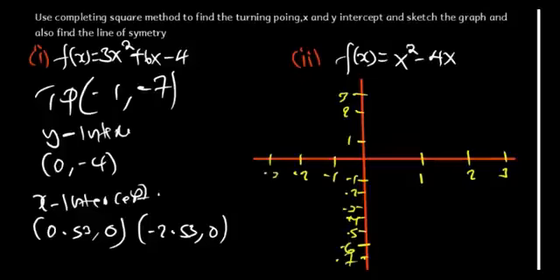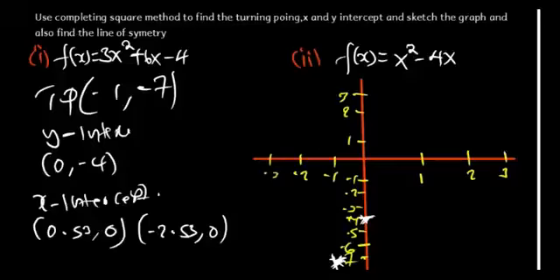Now what we have to know is that is our turning point. Negative 1 comma negative 7 is this point here. Then we have the y-intercept, where the graph is going to cut, is negative 4. So this is our negative 4 here. When the graph rests there, it's going to turn at negative 4 on the y-axis.